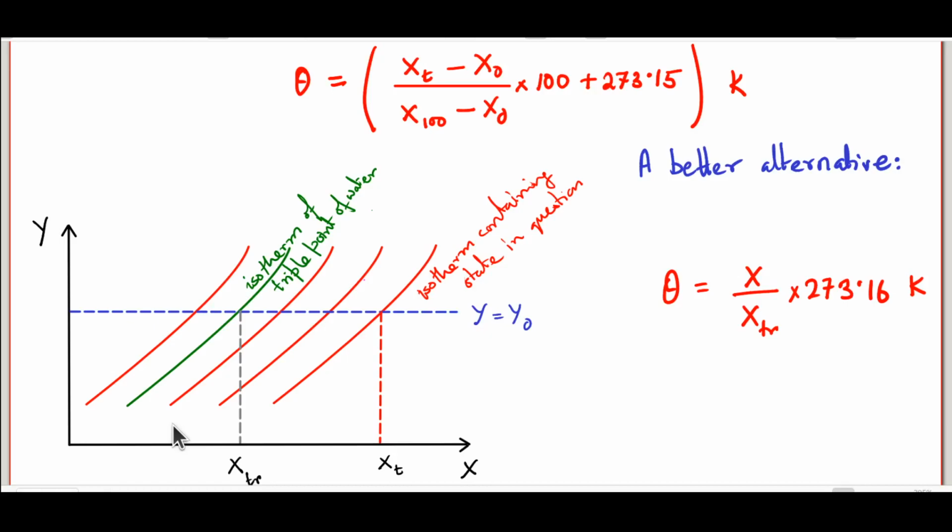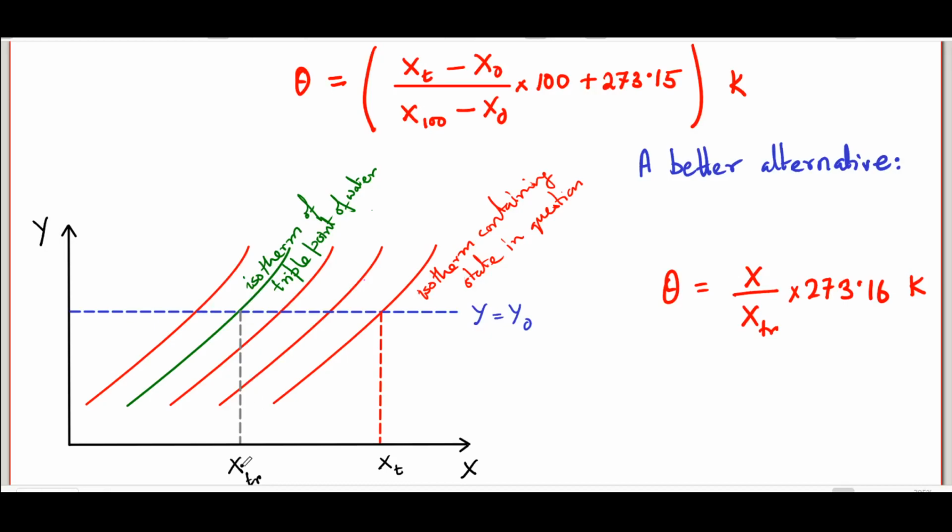So instead of using two different fixed points as in the previous idea, what we do nowadays is that we actually use only one fixed point, at least for more high precision work. We essentially look at the isotherm of all states of the system which are in thermal equilibrium with, or would be in thermal equilibrium with if brought into thermal contact with, water at its triple point.